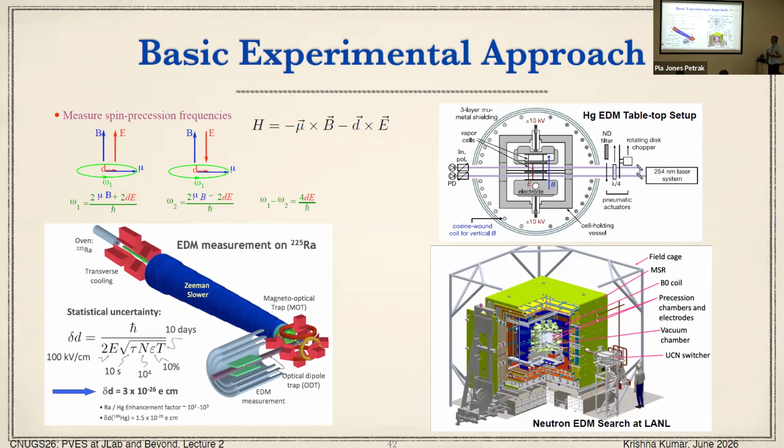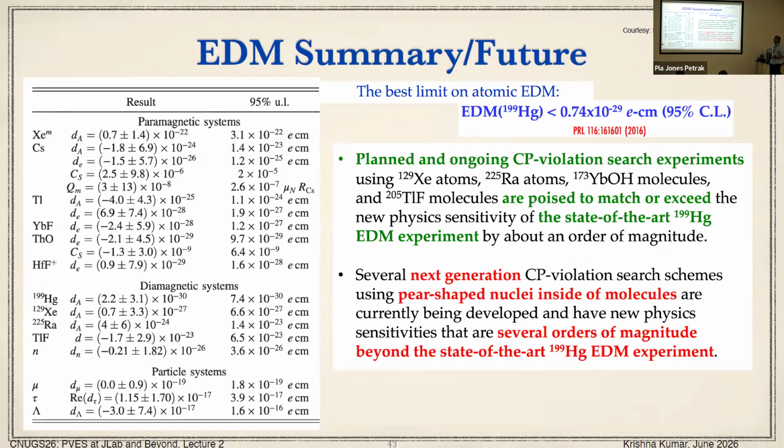Okay. This is sort of where things are in the world in terms of how hard they're pushing. So the planned and ongoing CP violation searches, there are experiments that are tabletop, there are ones at accelerators. FRIB has a program.